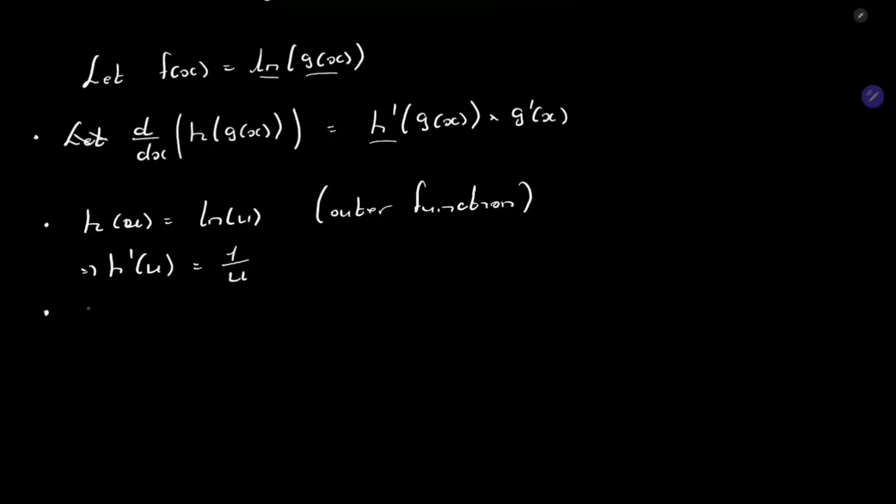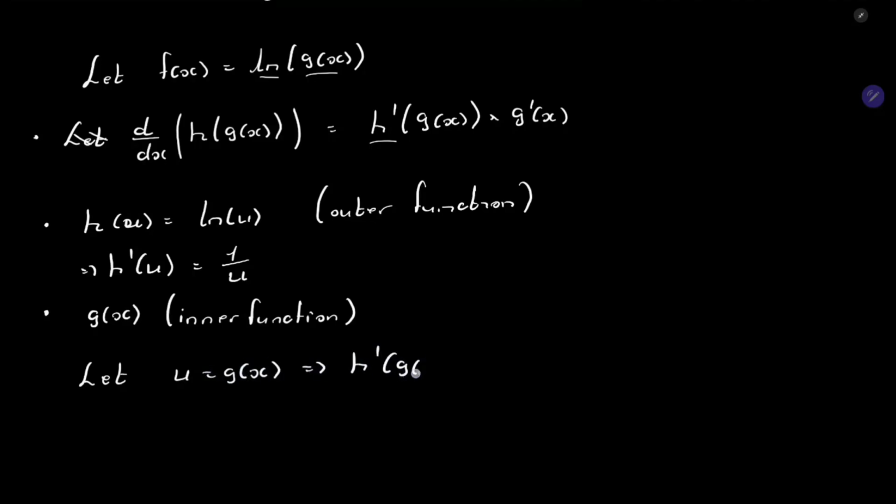Now identify our inner function. g of x is our inner function. So let u be equal to g of x, which implies that h prime of g of x is equal to 1 on g of x.